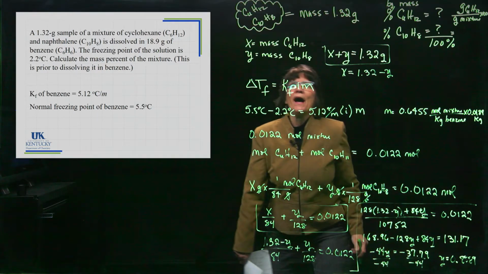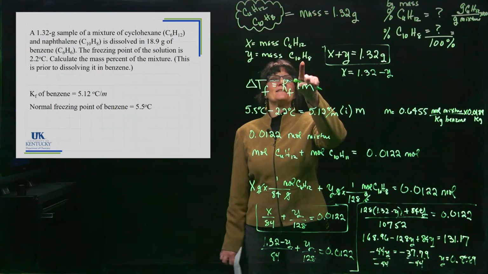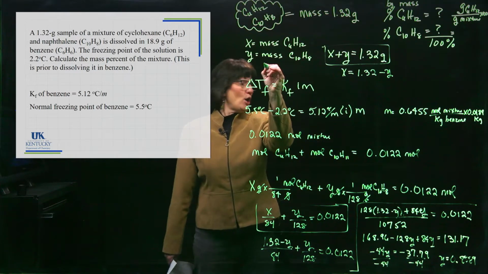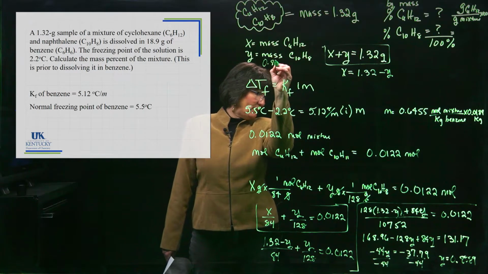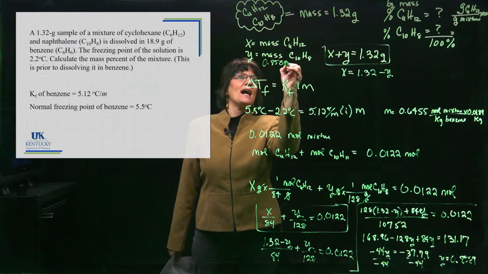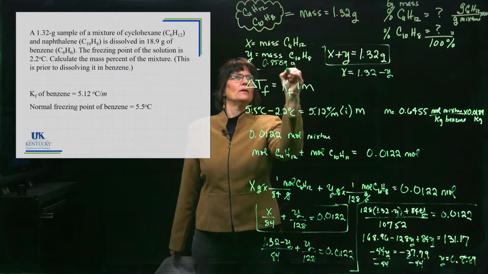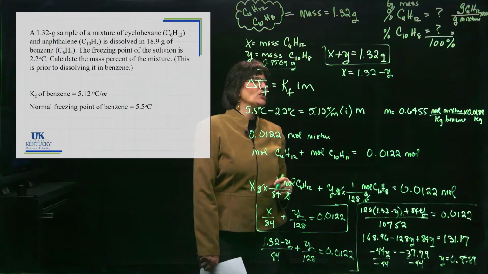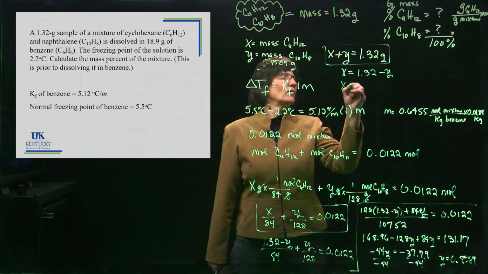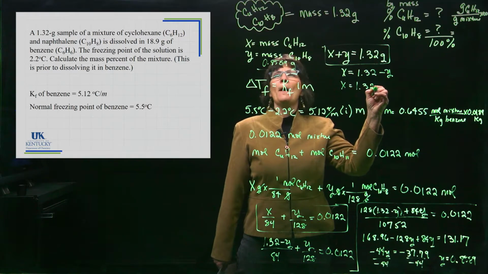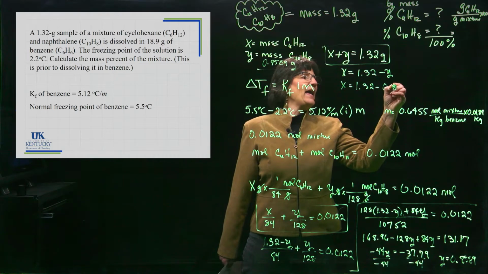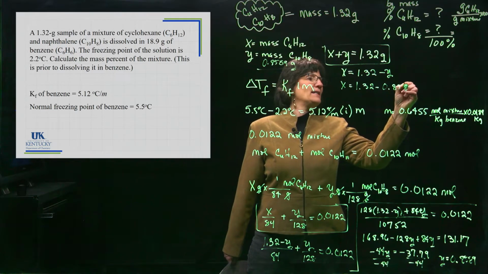I now know Y. What was Y? Y was the mass of C10H8. So I know that I have 0.8589 grams of C10H8. What was X? 1.32 minus that 0.8589.